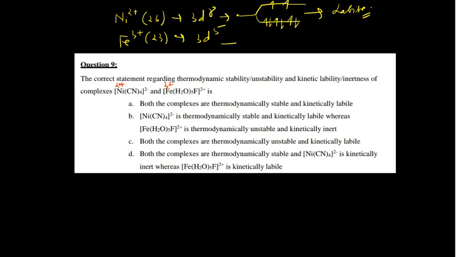So in the weak field you have to fill the 5 electrons, 1 2 3 4 5, again Eg has electrons, so it is also labile. So both complexes are labile. Check whether this option is given: both complexes are thermodynamically stable and kinetically labile. Yes, both are kinetically labile, and when both are kinetically labile, you can blindly mark this as the correct option. There is no need to go further.